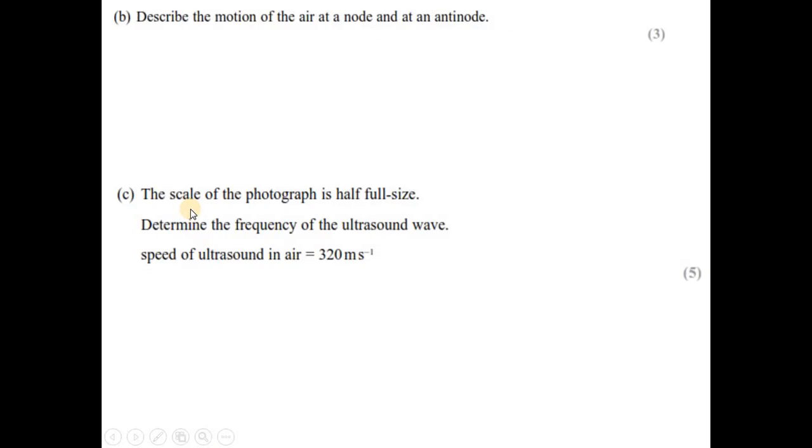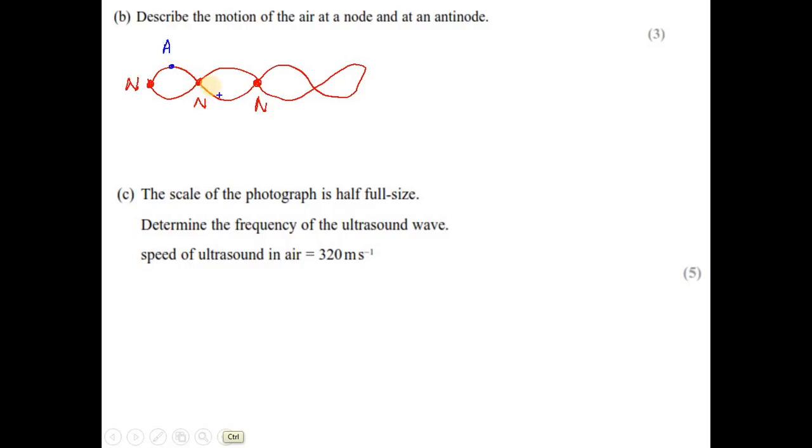Describe the motion of the air at nodes and at antinode. So it is all about standing waves. So a standing wave is something like this. So these are nodes, and these positions are antinode.